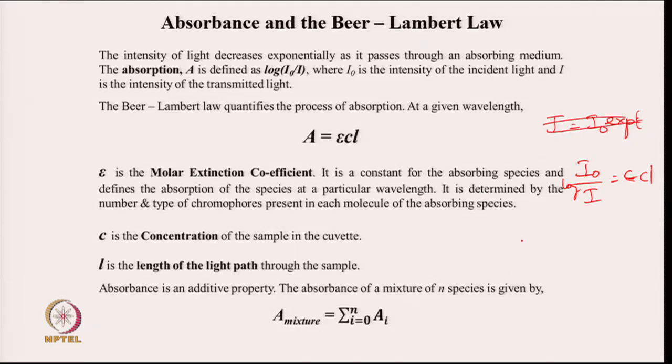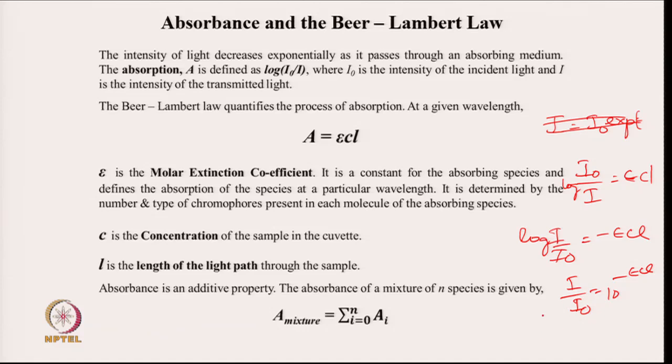So, log I by I naught is equal to minus epsilon CL, or I by I naught is equal to 10 power minus epsilon CL. That is what we wrote earlier.